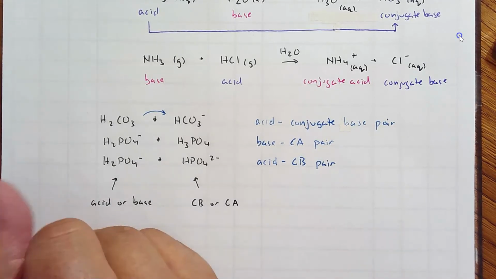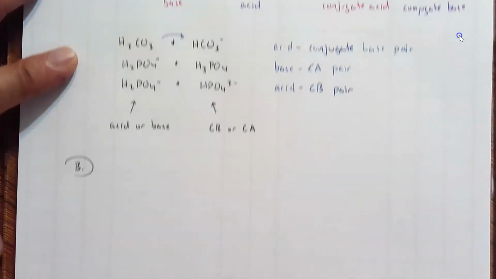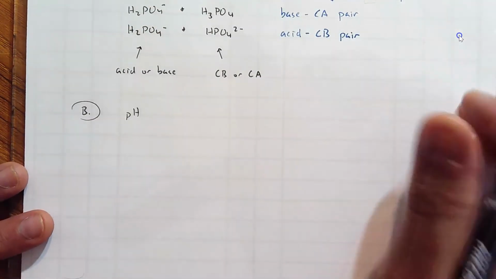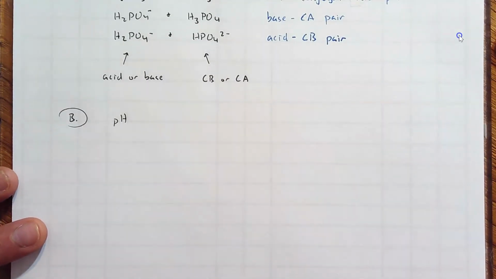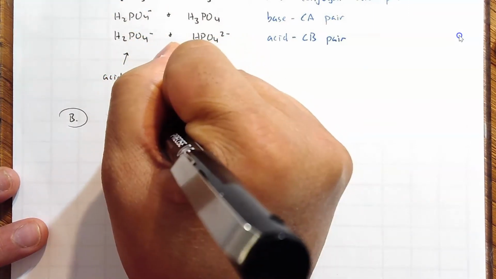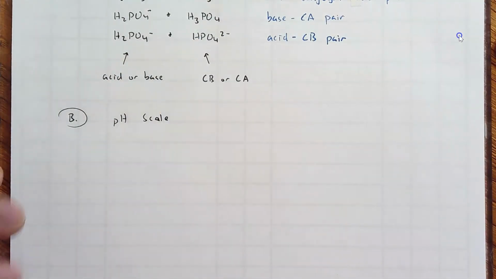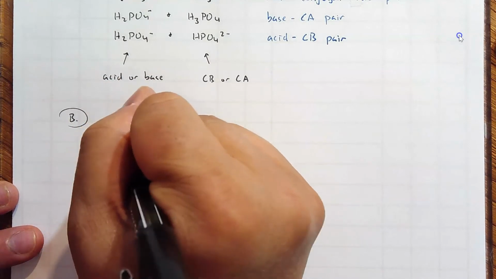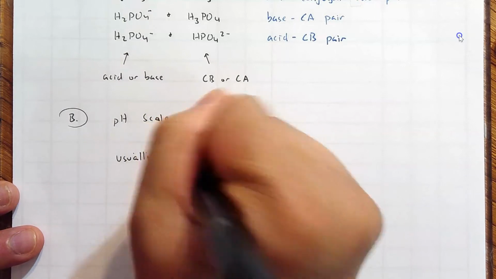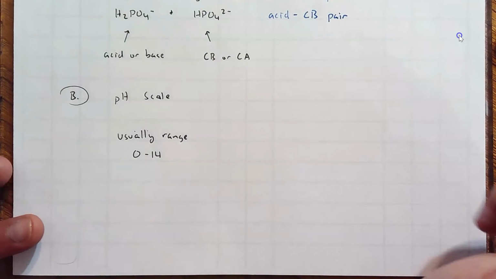Let me talk now about what's called the pH scale. Some of you have heard of it before. The pH scale really is a scale of how acidic, but also how basic a solution is. Usually the range is 0 to 14, but we could be outside of that range for extreme cases.